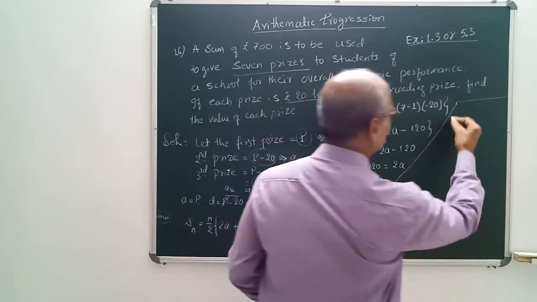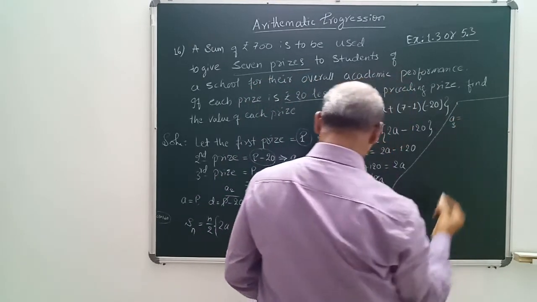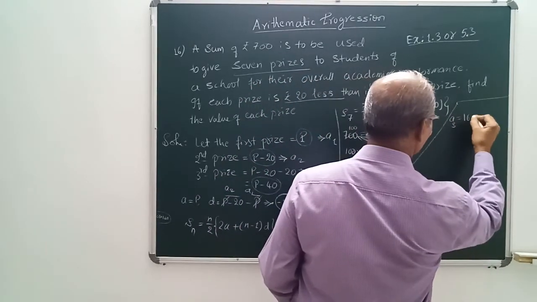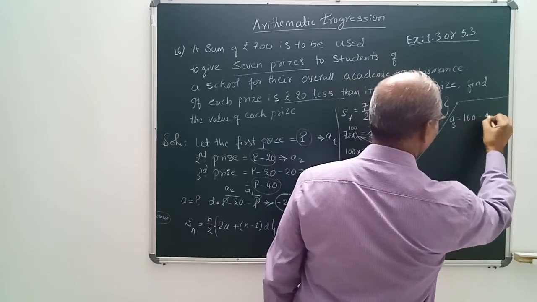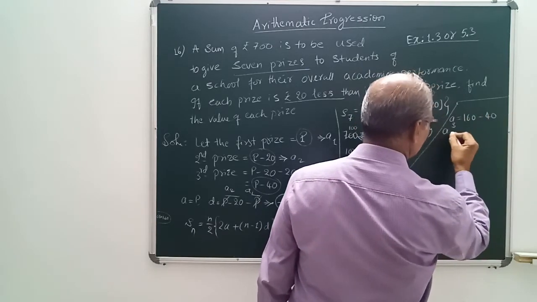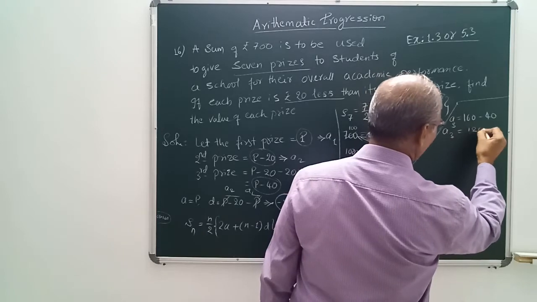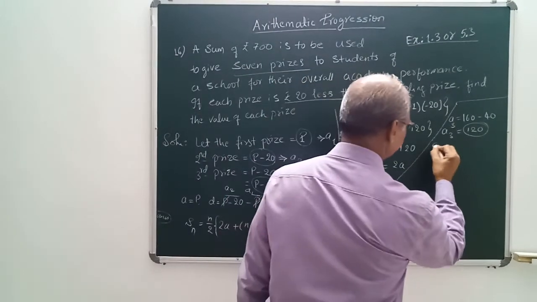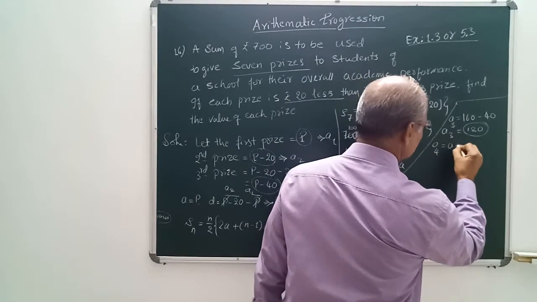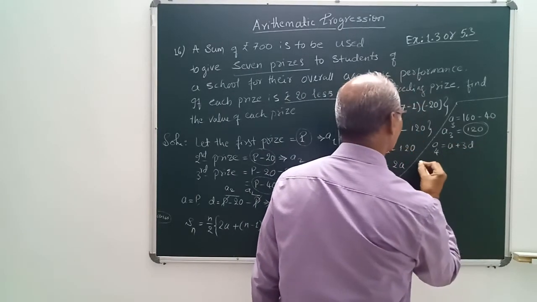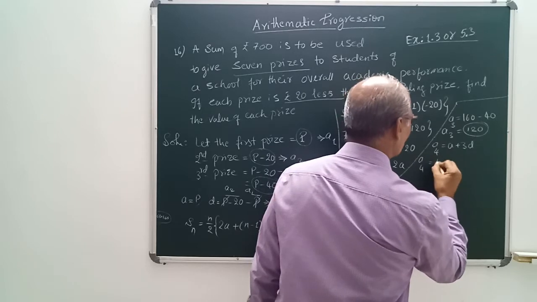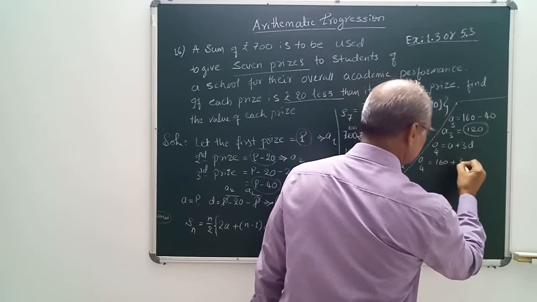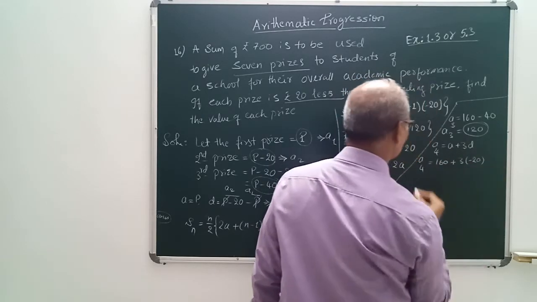Here A3 is equal to 160 minus 40. A3 is equal to 120, right? Now A4, a plus 3d. A4 is 160 plus 3 into minus 20.